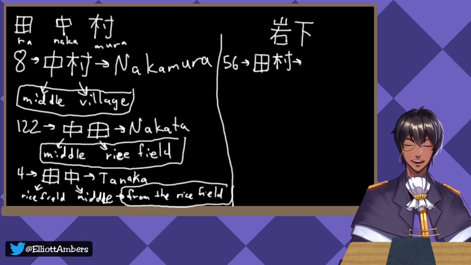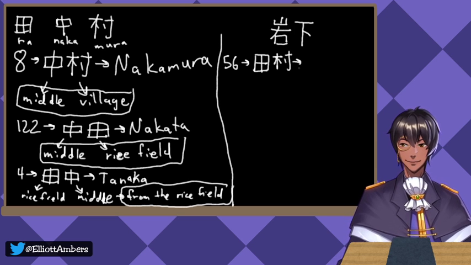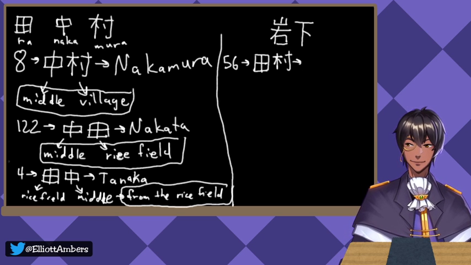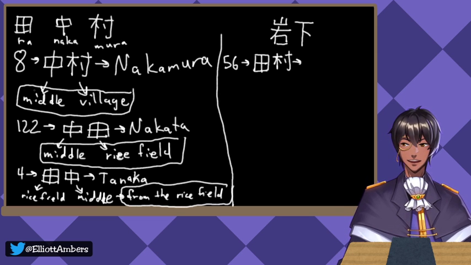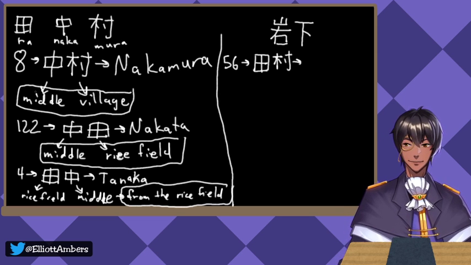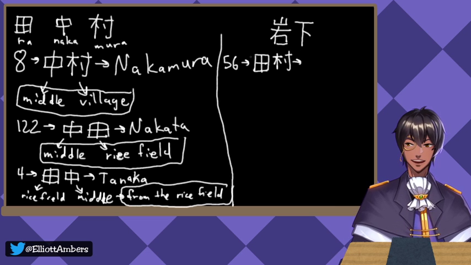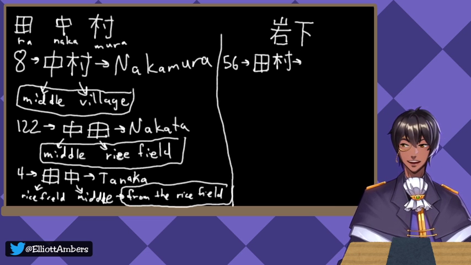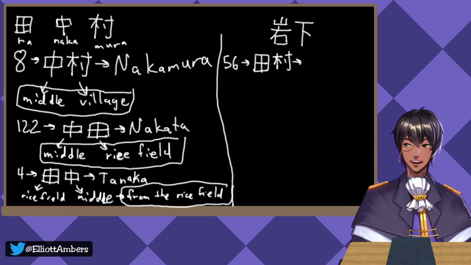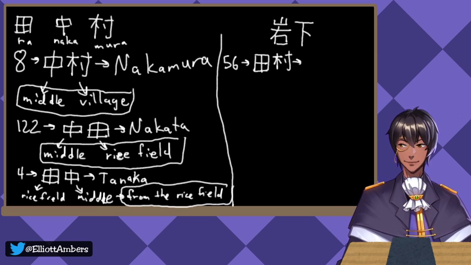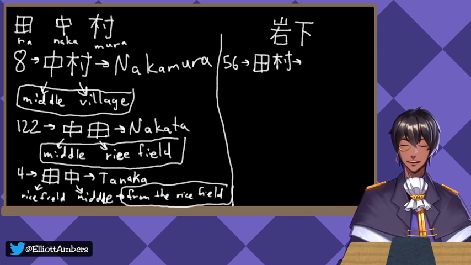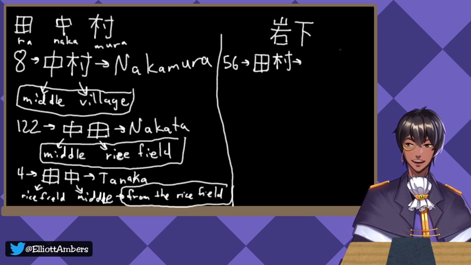If you couldn't tell already, what these numbers mean is how popular the last name is, at least according to 2011. You can see names like Nakamura and Tanaka are more common than, say, something like Nakata, which is still popular at being the 122nd most popular last name, but these two are still very much more widely used.